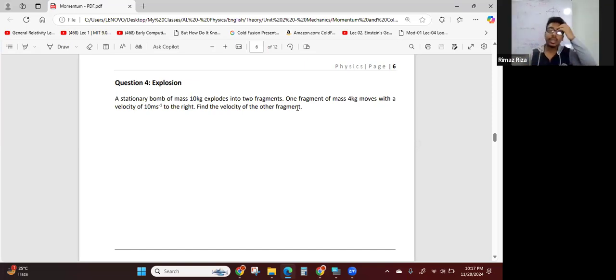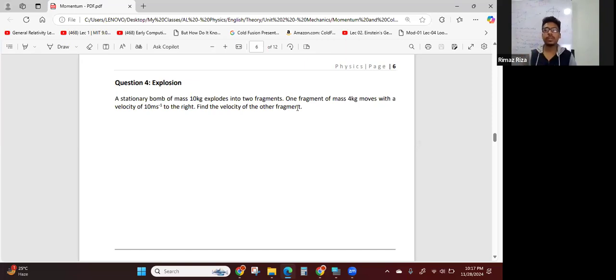Large energy is released in a very short time, so it becomes an explosion. There will be forces within the particles, but inside the bomb they are all internal force pairs, because every action has an equal and opposite reaction. So there is no external force.